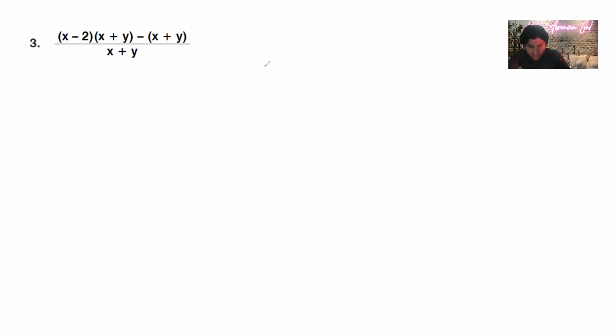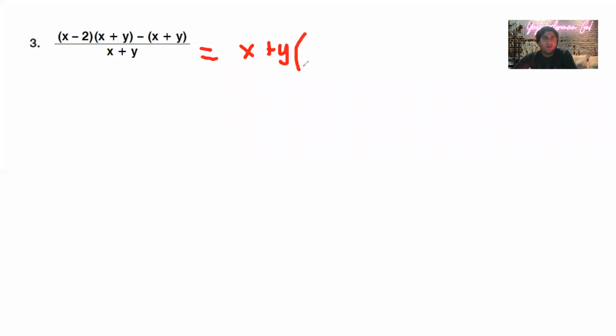So what I'm going to do is this. I'm going to look at this now. What is common here? On the top, when I look at that, we see that x plus y is common. Okay, x plus y.